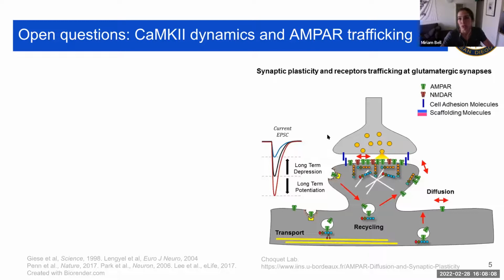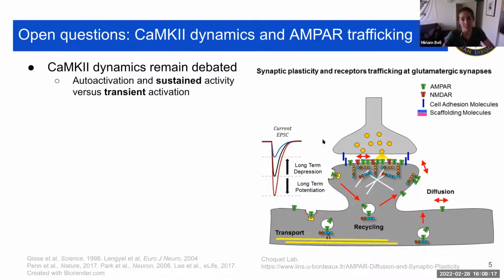These questions were driven in part by several open questions in the field regarding both CAMK2 and AMPAR. Regarding CAMK2, while it's been extensively studied, there's recently been some debate over its exact dynamics. In particular, it's known to autophosphorylate, which can drive an elevated sustained concentration of active CAMK2, but more recent experimental evidence has shown transient CAMK2 dynamics.